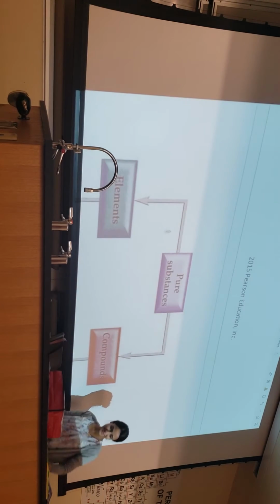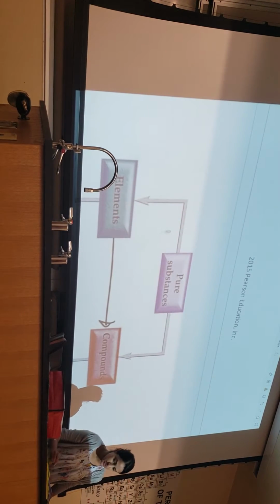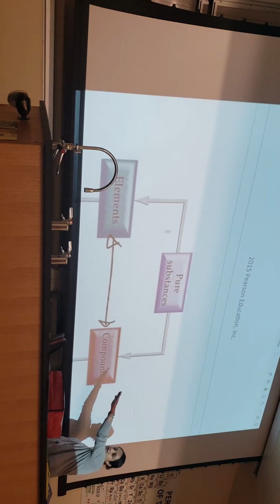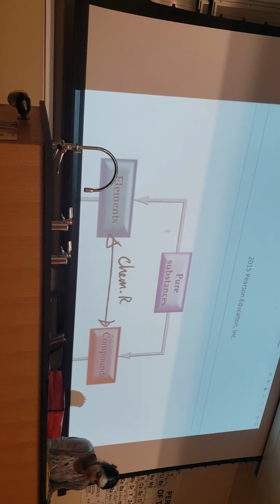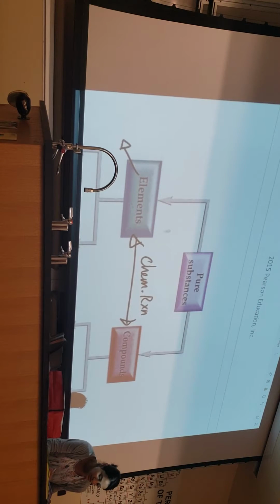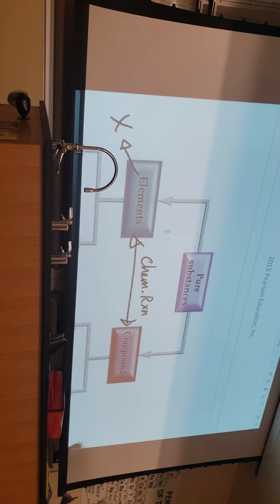Chemical reaction. So you're able to go in this direction, a chemical reaction has occurred. You can go in the opposite direction, a chemical reaction can happen there too. So it can go in either direction. So notice you can do that with compounds, but again, elements, you cannot break them down any further. Periodic table of elements. Meaning they still sustain the properties of matter. Because remember, a pure substance is part of matter.